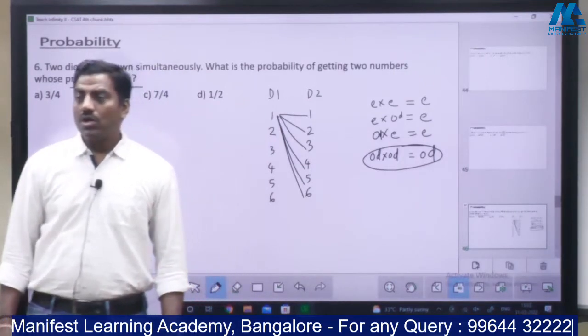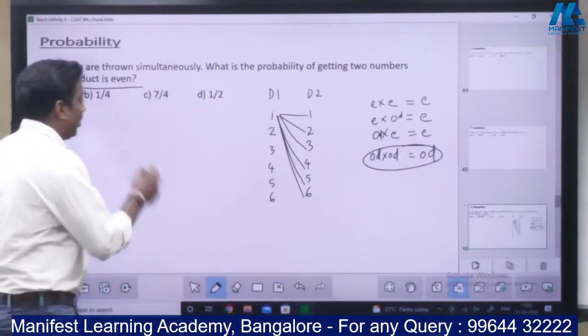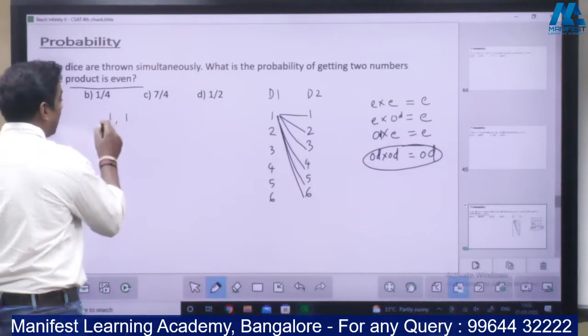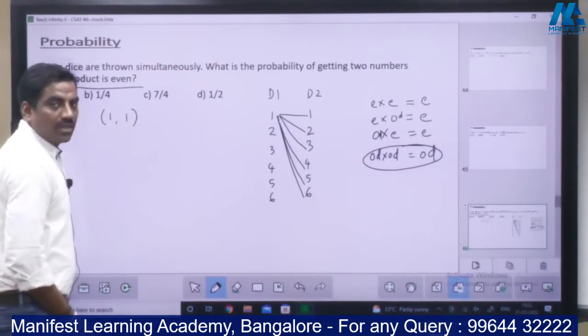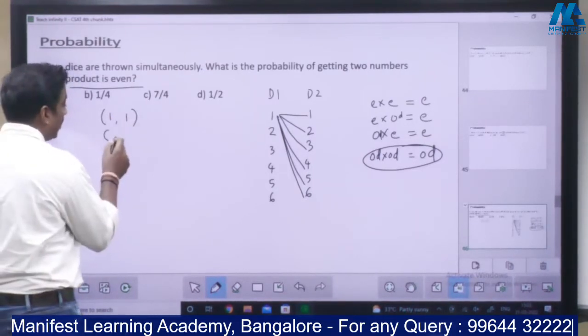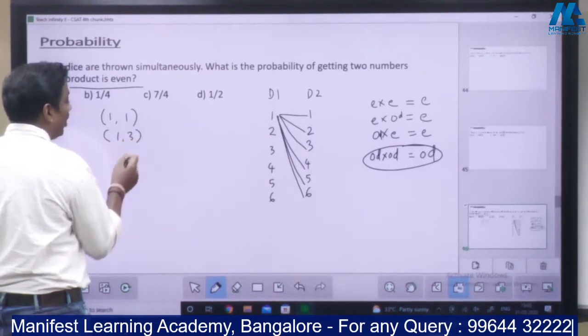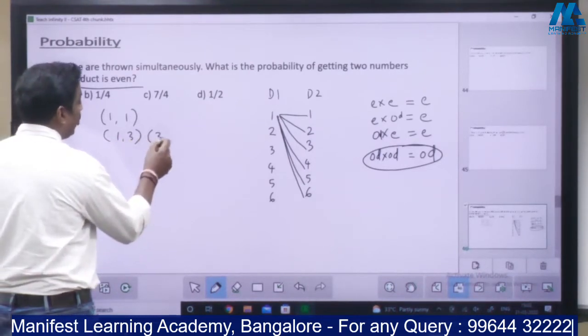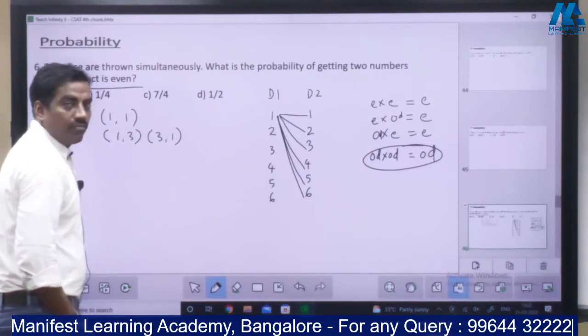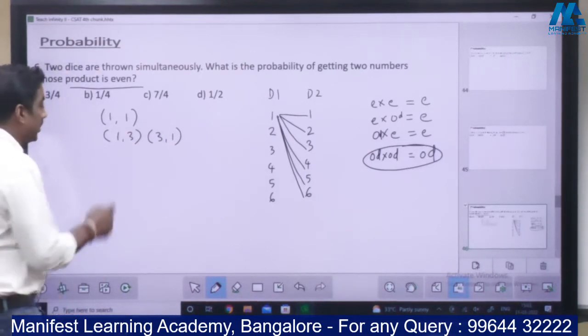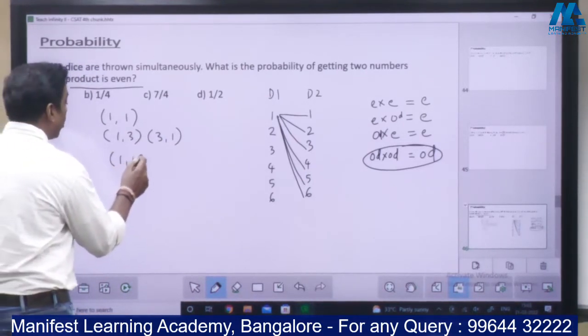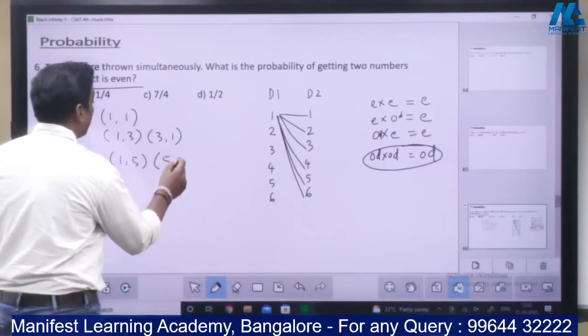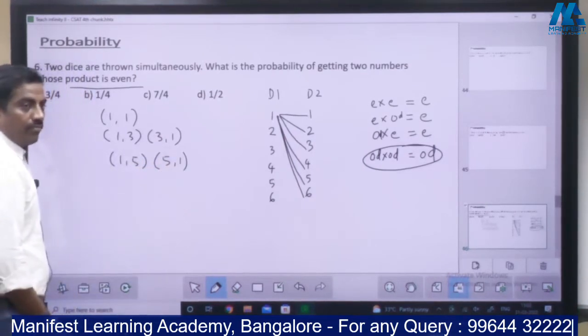Now, odd products, how many? 1 into 1 is odd. Yes or no? Then 1 into 3 is odd, then 3 into 1 is odd. Then 1 into 5 is odd, and 5 into 1 is odd.